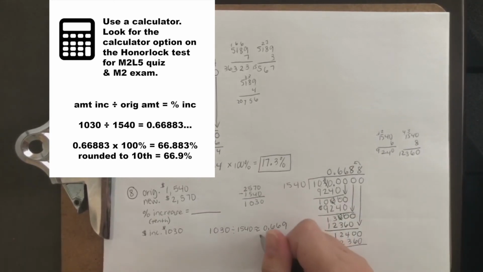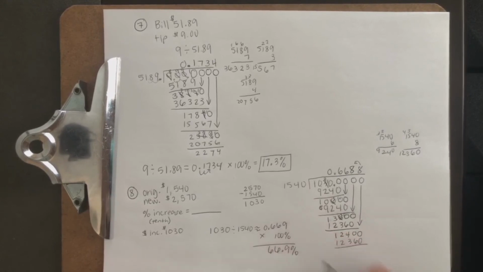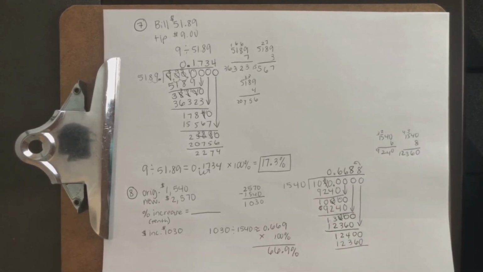And now I'm going to take that and multiply by 100% to get 66.9%. That is my percent increase.